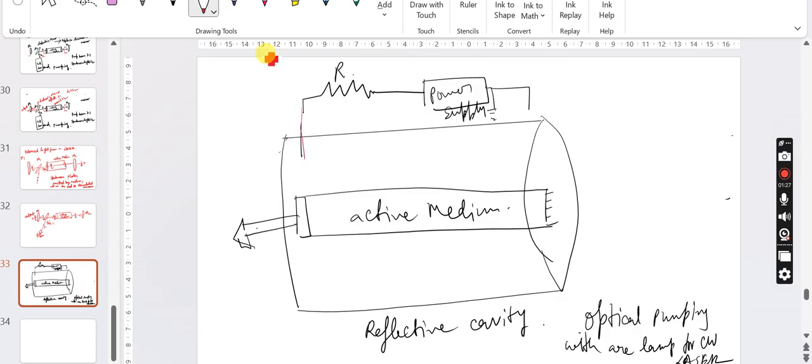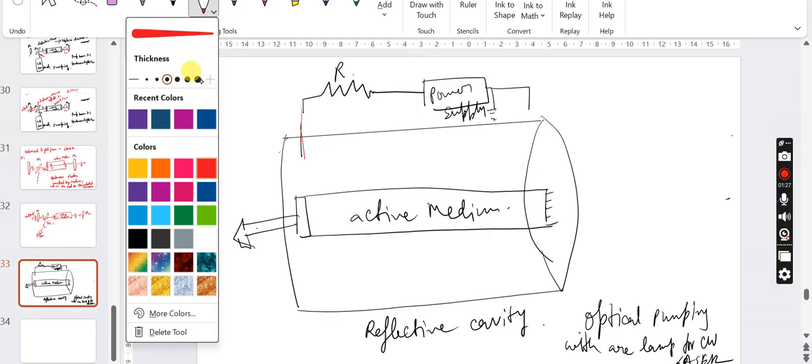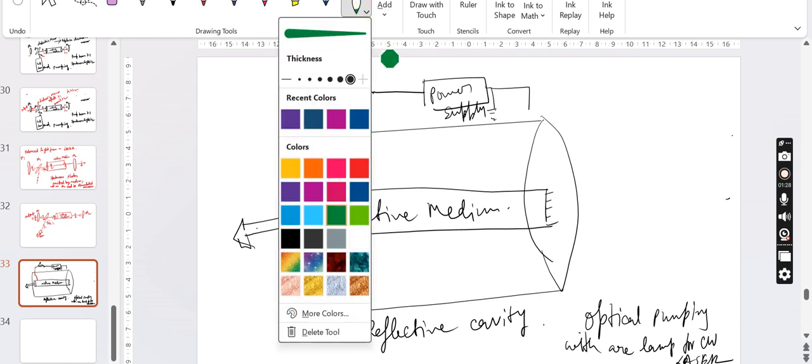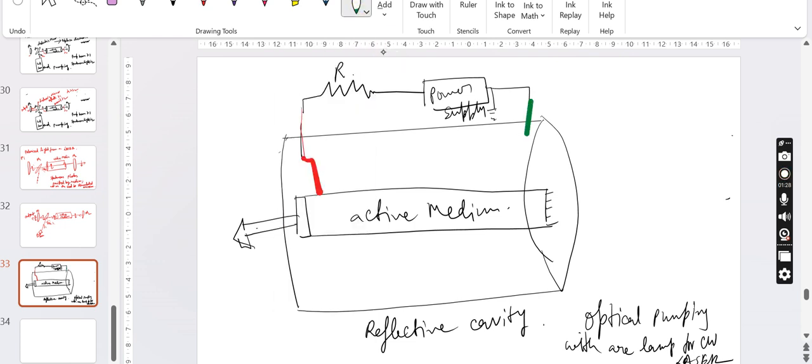It acts as an anode and that acts as a cathode.